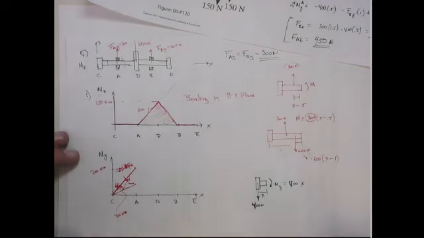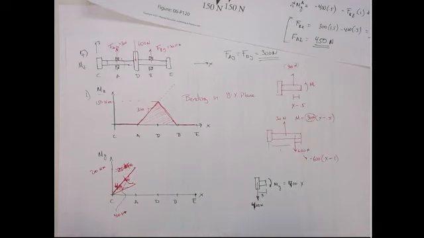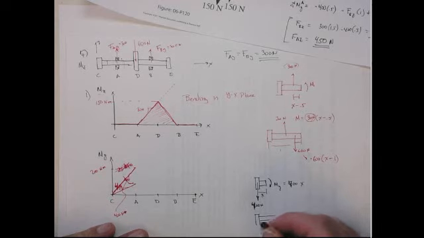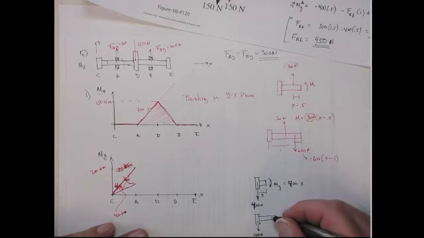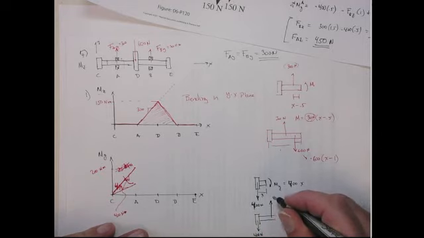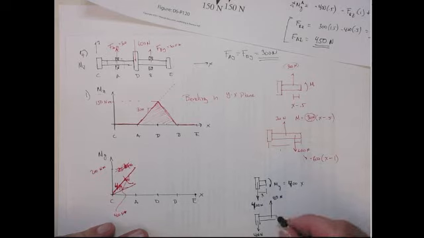Now once we get to point A, we still have that moment, but now we're adding on to it. So I still have the 400 times x moment from this one, but now I have an upward force at A of 450 newtons. So this one is going to give me a moment with a slope of positive 400.